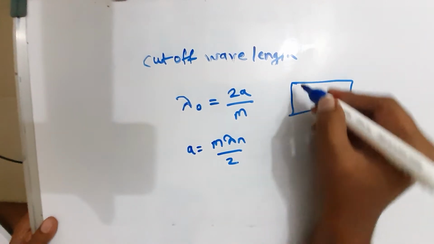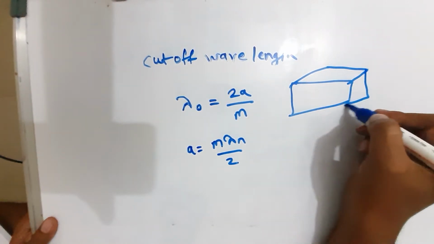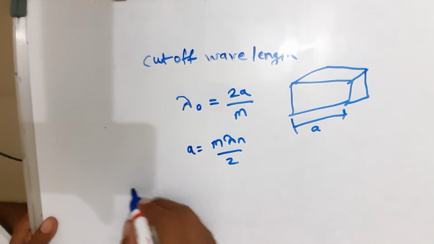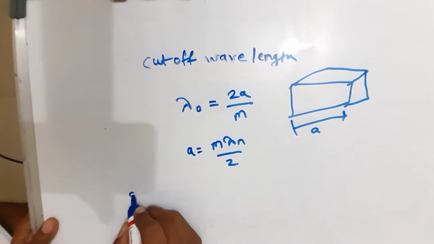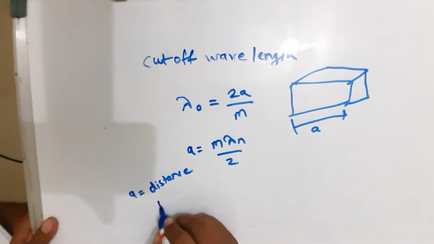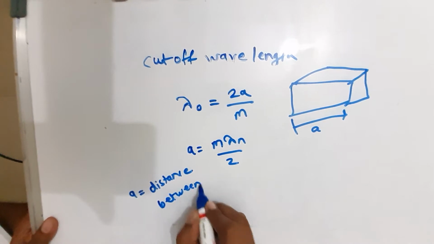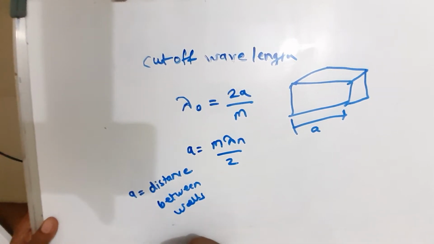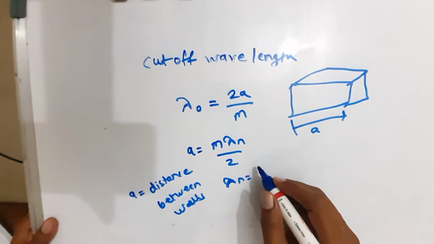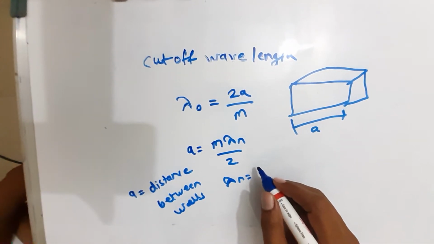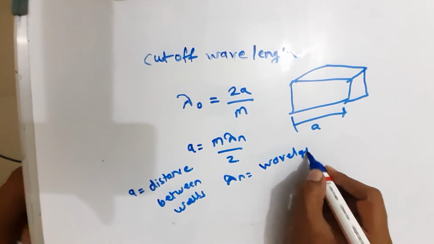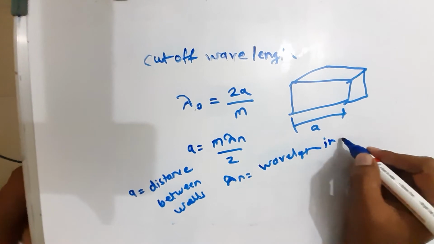So this is a waveguide. The distance between the walls is e. Lambda n is the wavelength in the direction normal to both the walls.